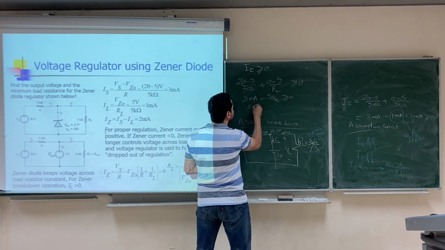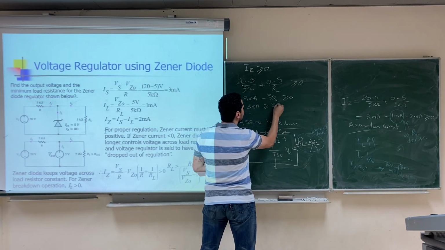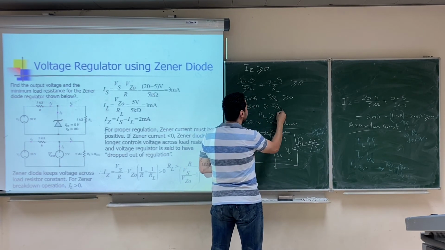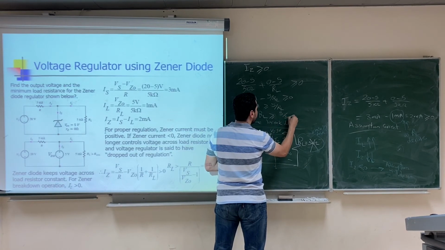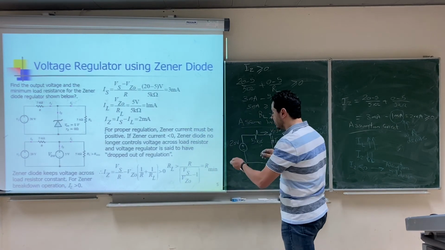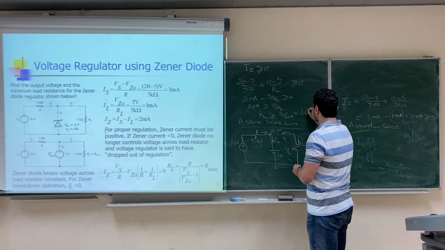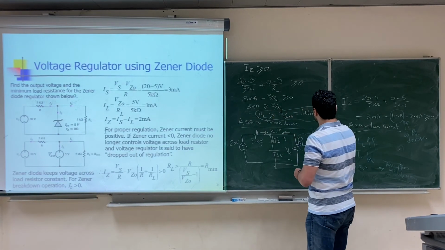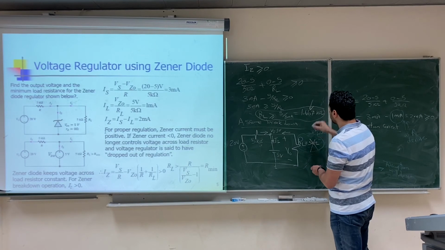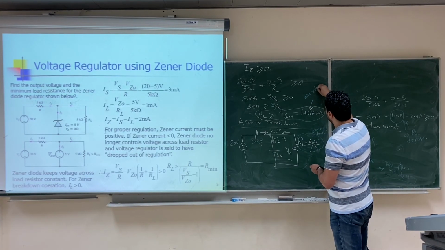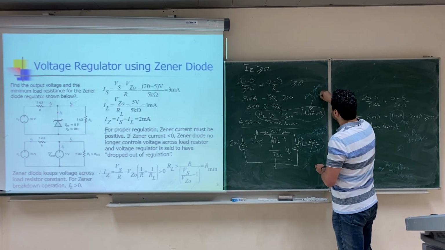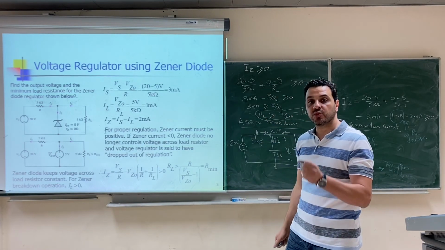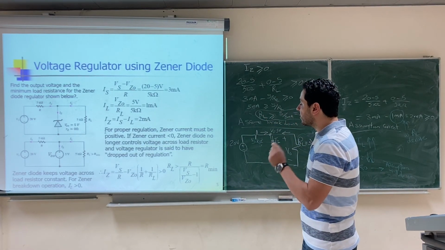So 3 milliampere must be greater than or equal to 5 over RL, which means that RL must be greater than 5 over 3 milliampere, which will be 1.667 kilo ohm. And now this is the minimum value of RL, so that the Zener diode will remain in the breakdown region and it will stay in the regulator mode.